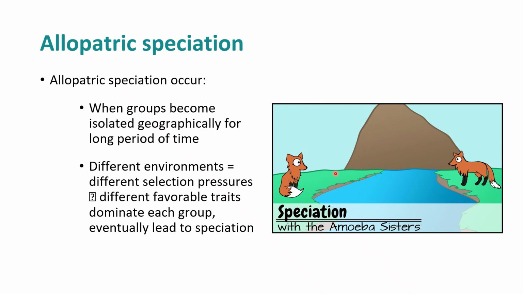Since the groups are now exposed to different environments, they face different selective pressures that favor different traits. Therefore, each group is going to look more and more different as time goes by until they've changed so much that they can no longer breed with each other, and now we have two different species.